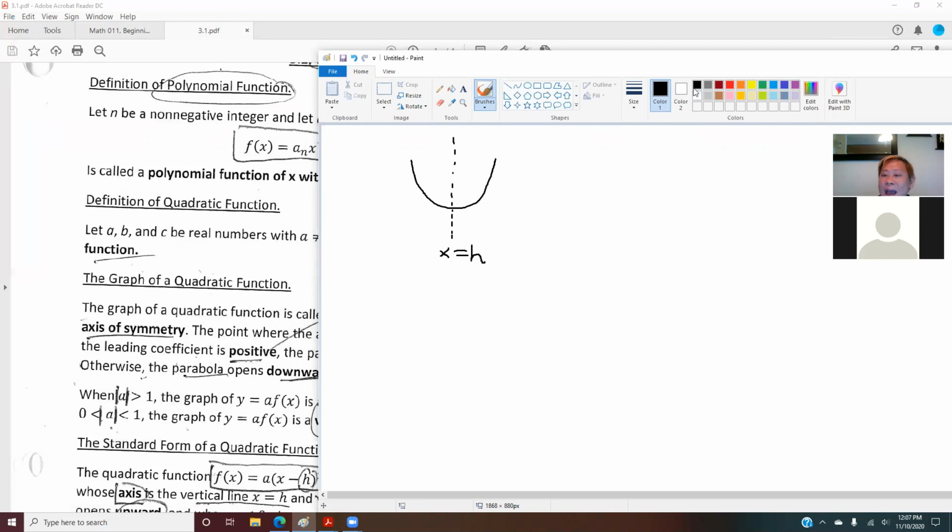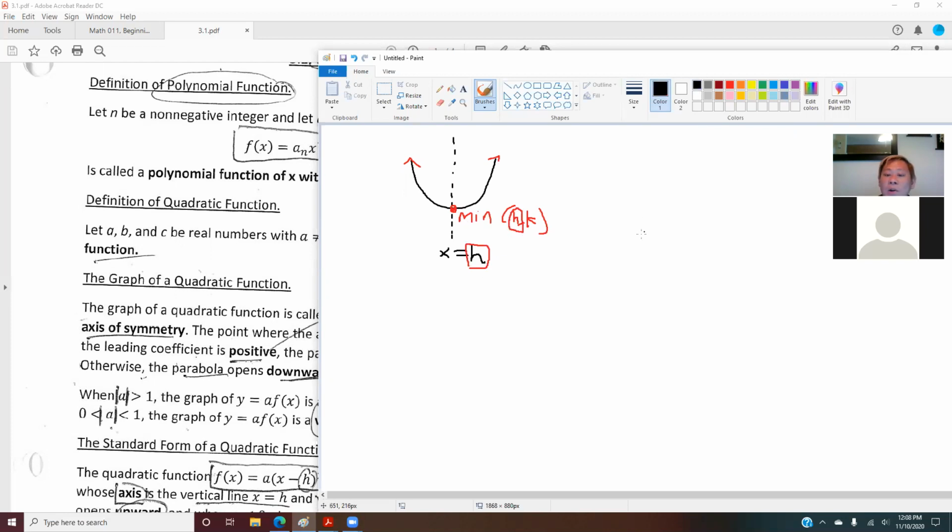And then it does have a vertex. A vertex is the minimum or the maximum. So if you have a parabola that opens upward, you will have a minimum point, and the vertex in this case is (h, k). And the reason why I use h in this case is because this h should match with this h.